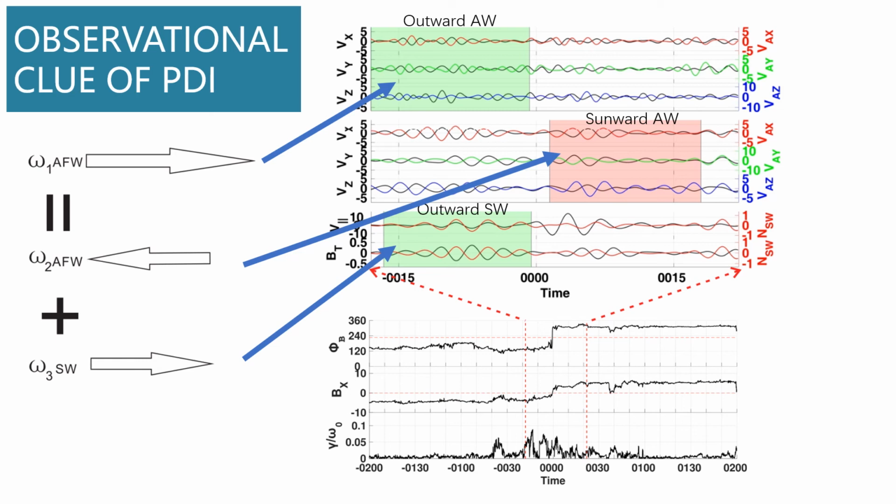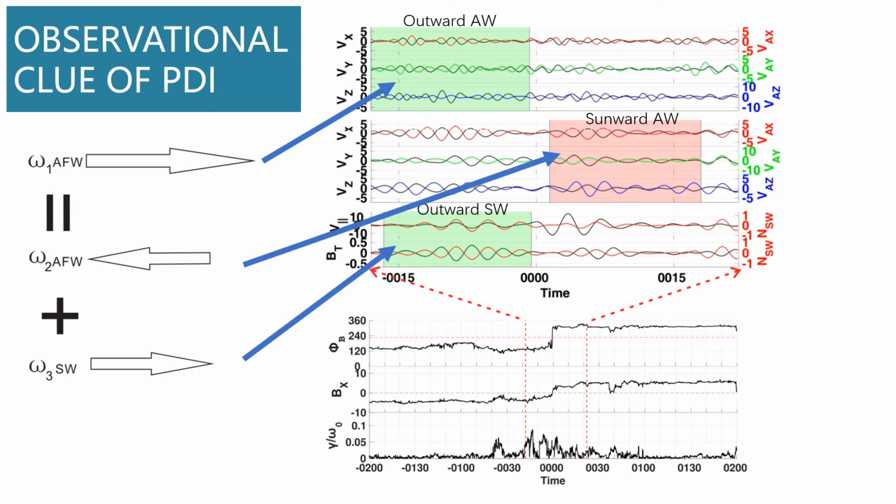Observational clues of the PDI are rarely reported in the literature. Here, we will show an example of PDI during the HCS crossing. It is clear that the anti-sunward Alfvén waves, the sunward Alfvén waves, and the anti-sunward slow waves coexist around the HCS crossing when the growth rate of PDI is increasing and remains at a high level for more than 30 minutes.